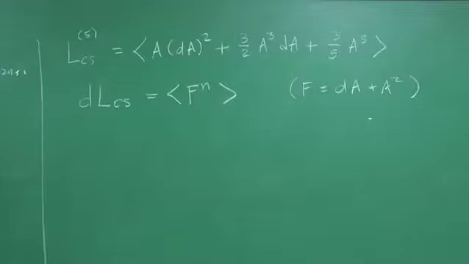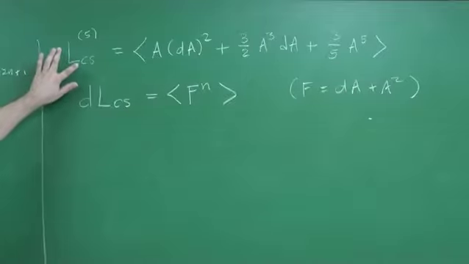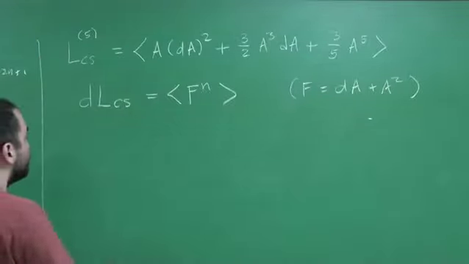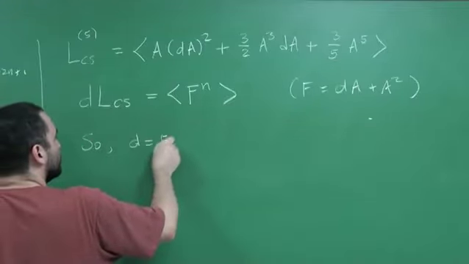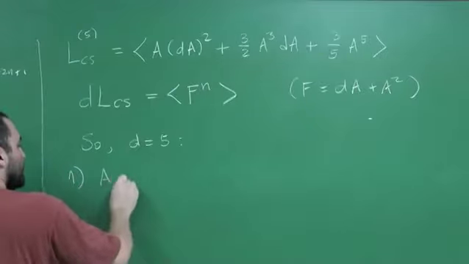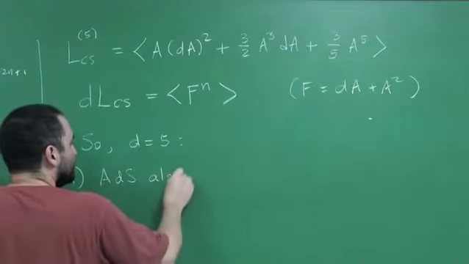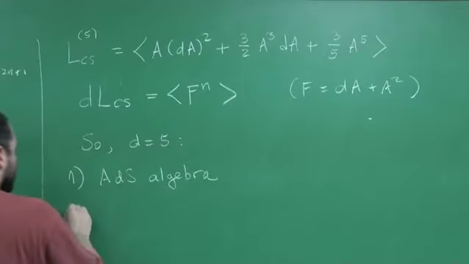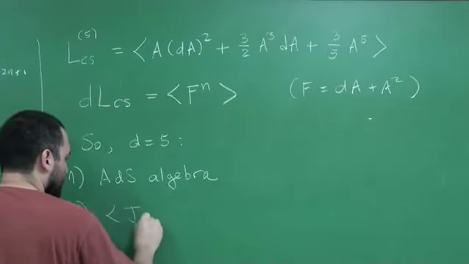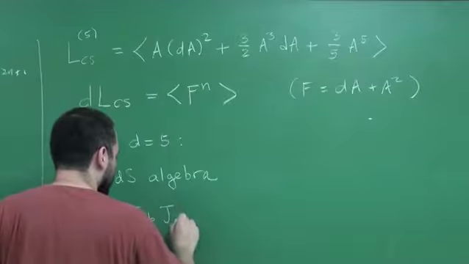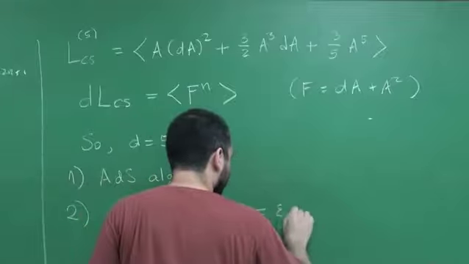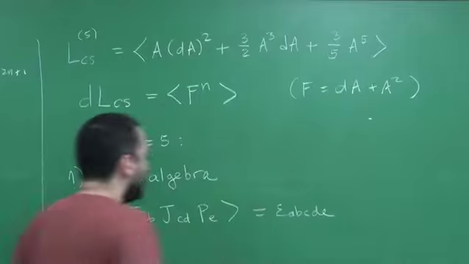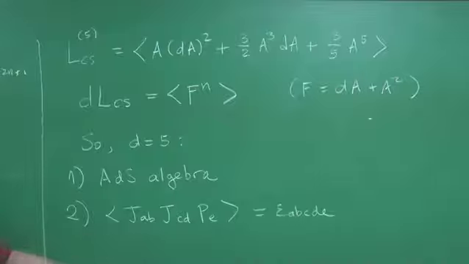So, for instance, you can take this Chern-Simons form in 5 dimensions, the anti-de Sitter algebra, and use this invariant tensor.